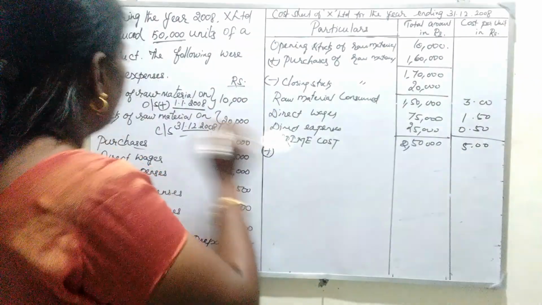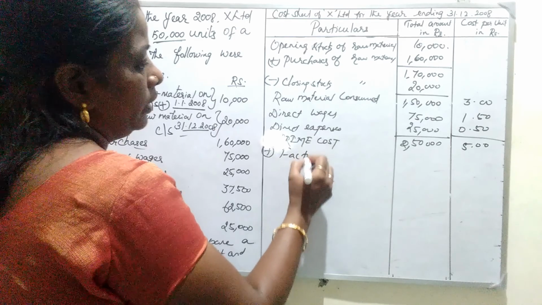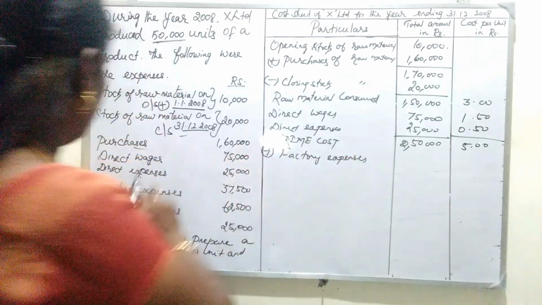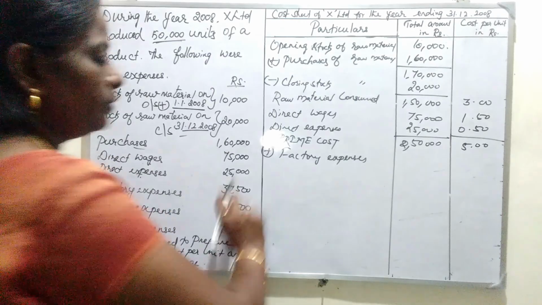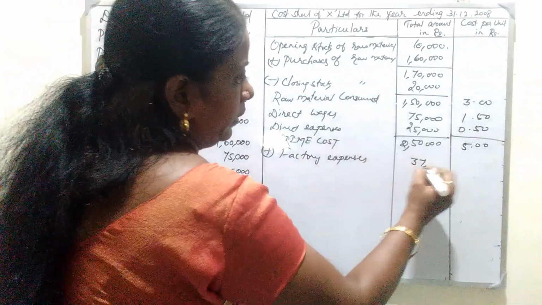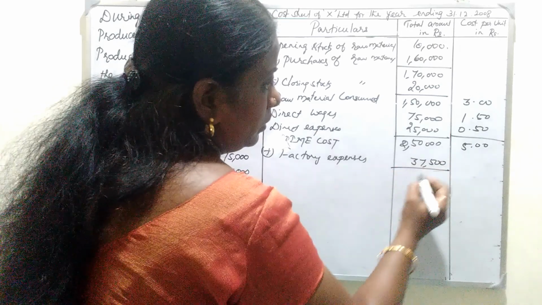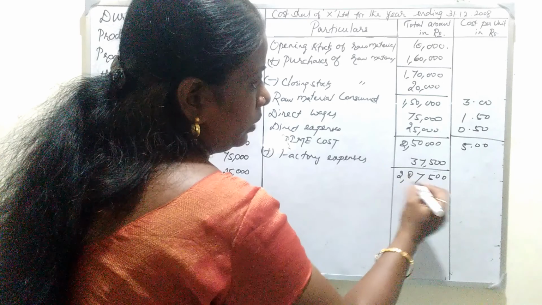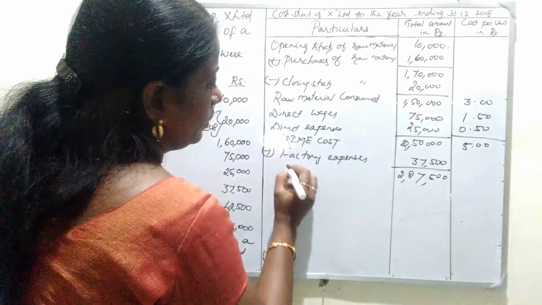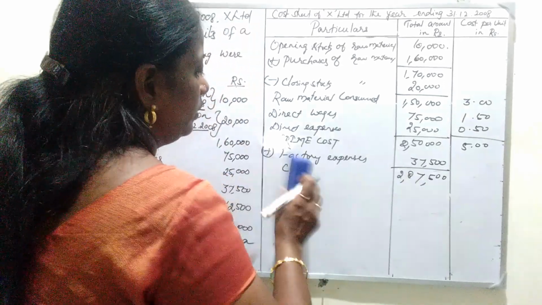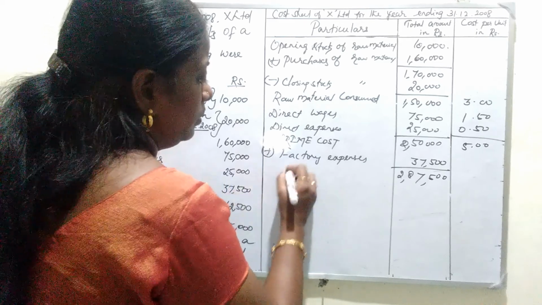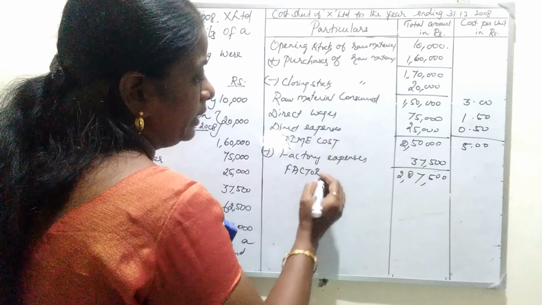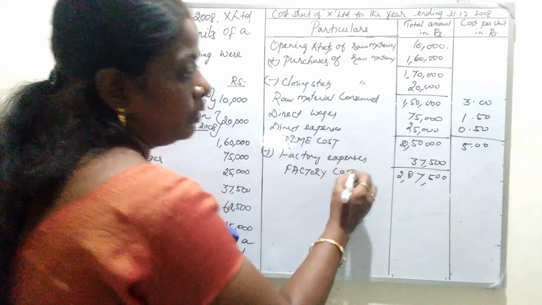Next we have to add the factory overhead expenses. The factory expenses is 37,500. The total is 2,87,500, which is the factory cost. When we add the prime cost with the factory expenses, this is called factory cost.